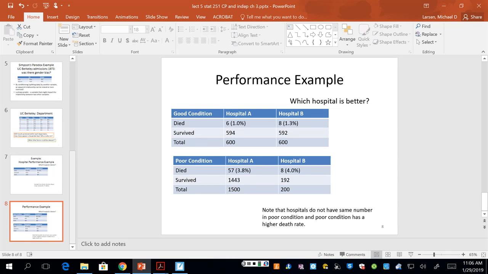Some large hospitals that are research university hospitals might have all these specialties. Might have burn units, advanced cancer units, and neonatal intensive care units. So they're getting a lot of hard cases that wouldn't be handled at small suburban hospitals without all the specialty units. Well, that impacts their performance, but if you had the variables describing the patients, maybe you could adjust and make a more fair comparison.